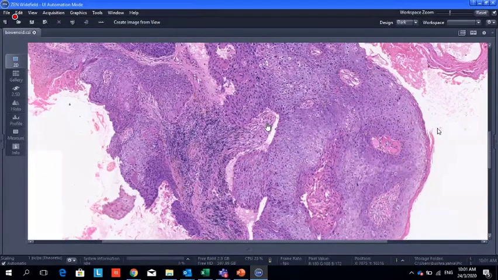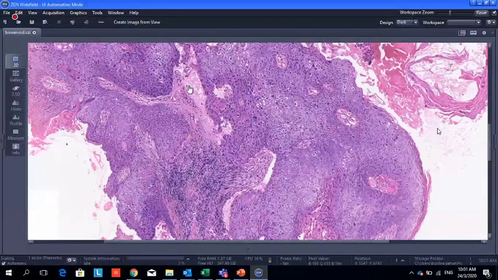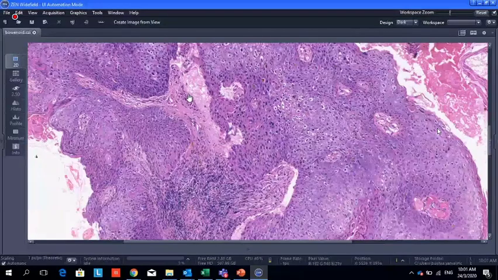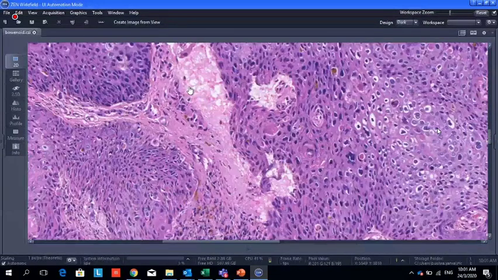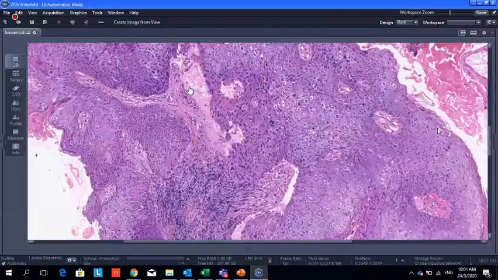Doctor, just now you mentioned about this area. What is it, doctor? Upper left. This one, the underlying tissue? The underlying is the dermis. To see whether it is invasive or not, how do you see that?